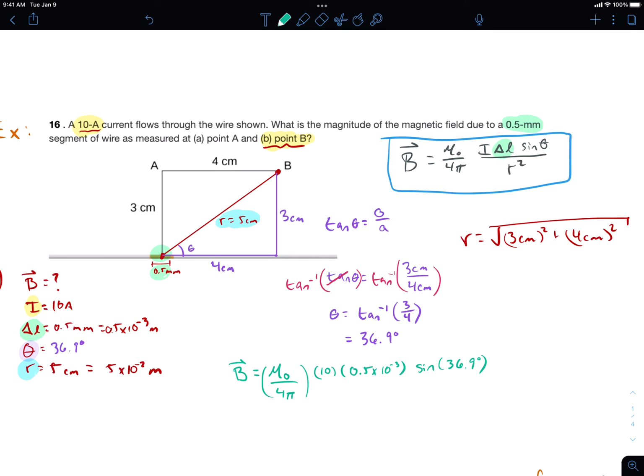And then on the denominator, I have r squared, which is 5 times 10 to the minus 2, all of that squared. So at this point, we're ready to solve this.